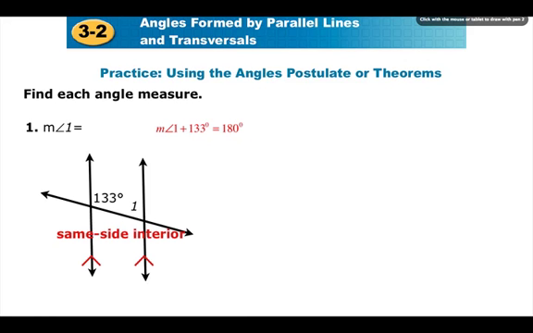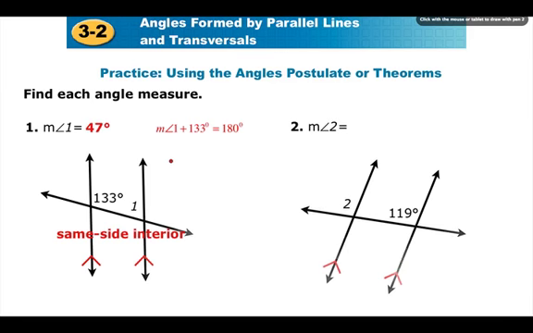So all you need to do to find the measure of angle 1 is subtract 133 from 180, and that's how you get 47. Number 2. Notice this is the picture that you're given. Recognize that these two angles, 2 and 119, are corresponding. If you're looking for angle 2, since they are corresponding, you know that they're equal, so that's why this is 119.